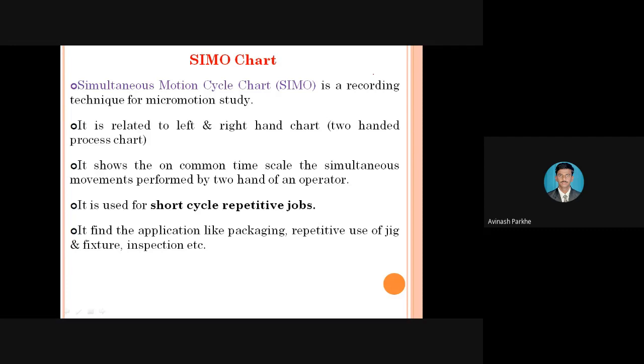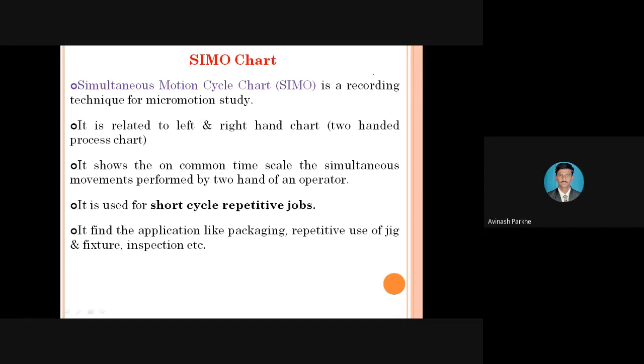In addition, while performing that activity, timing devices are also used. In micro motion study, that device is called a micro chronometer, a timing device used to measure the time of small repetitive movements.